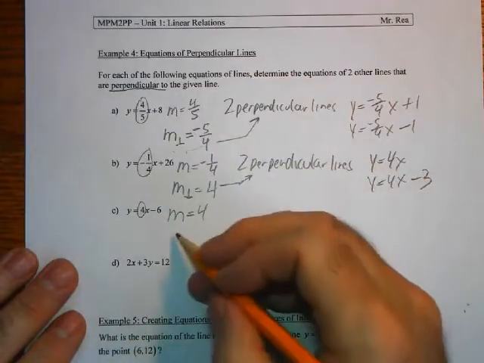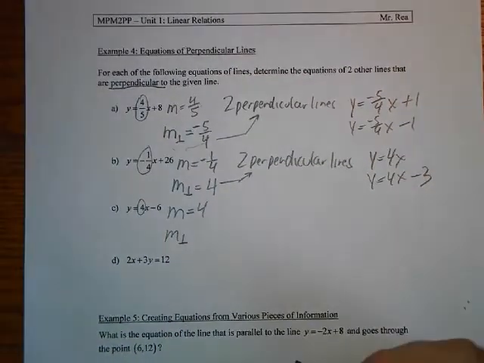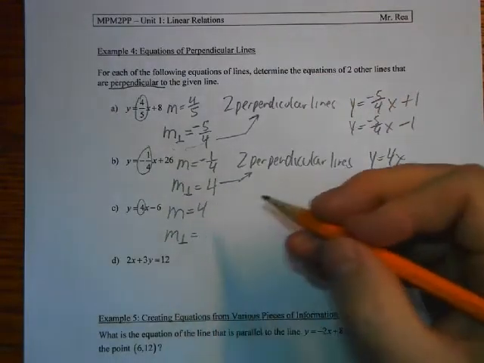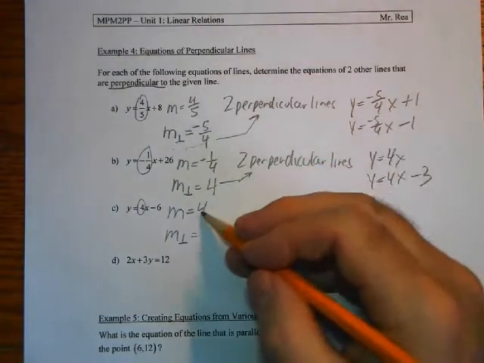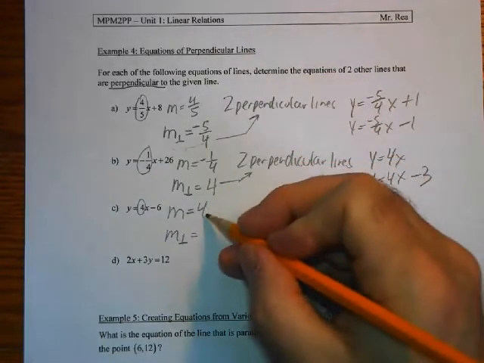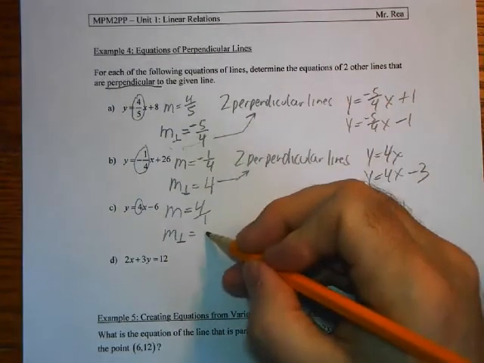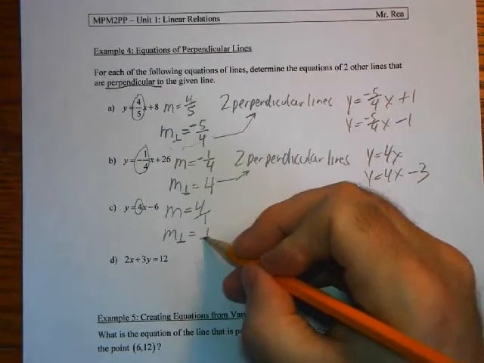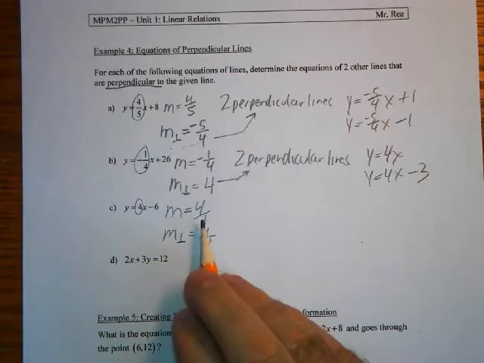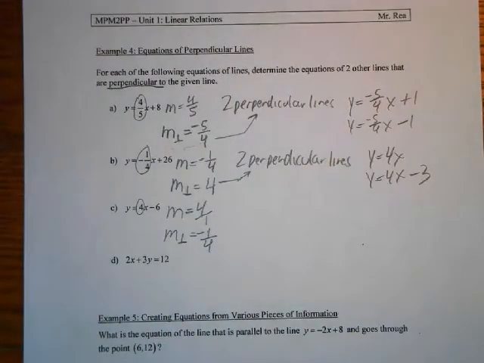Now, when I do the perpendicular slope, and I want to flip the fraction, flip the sign, well, it's not really a fraction, but I can always make an integer into a fraction by putting it over 1. And now when I flip it, it's 1/4. And then I flip the sign from positive, which this was, to negative.